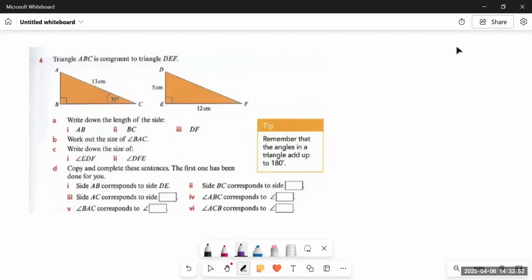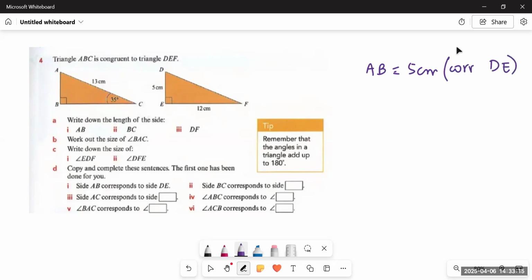Now they're saying write down the length of the side AB. So if these two figures are congruent to each other, then AB and DE are corresponding to each other. So we can say that AB is equal to 5 centimeters. Why? Because it is corresponding to DE.